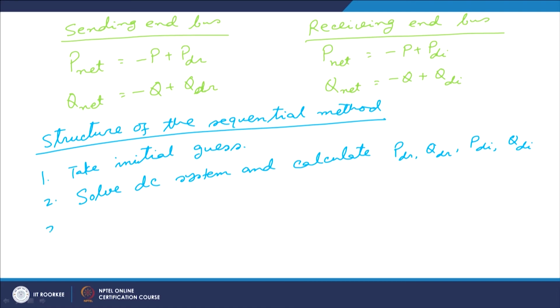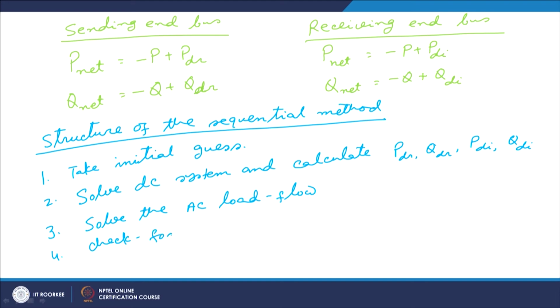Then we solve the AC load flow, and update all the values of delta theta, and basically update all the values of theta, V and XDC. Then we check for convergence.